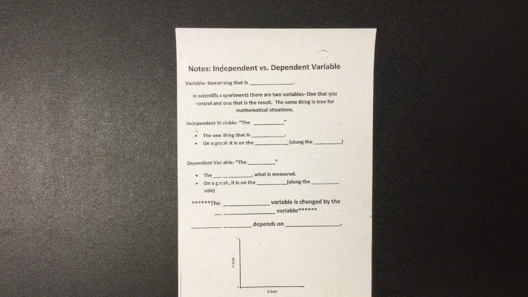Now, a dependent variable. If I were to say, all of you depend on your parents for food, what does that mean, Jayton? That you rely on them. You are relying on them.